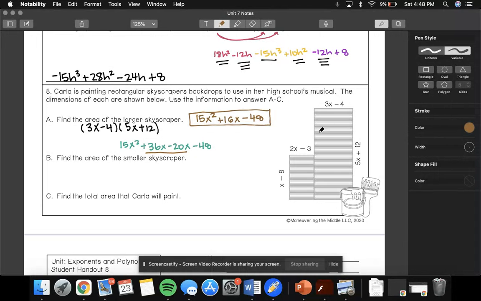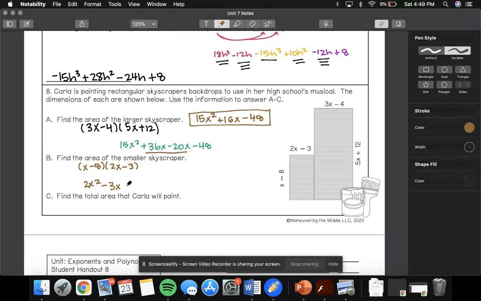Okay. B says to find the area of the smaller skyscraper. So the smaller skyscraper has dimensions x minus 8 and 2x minus 3. X times 2x is 2x squared. X times negative 3 is negative 3x.